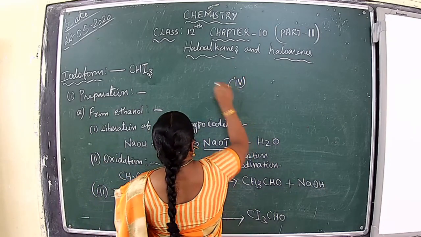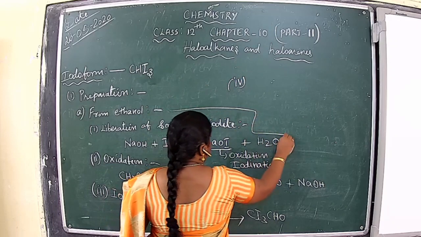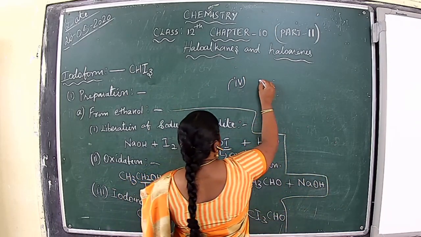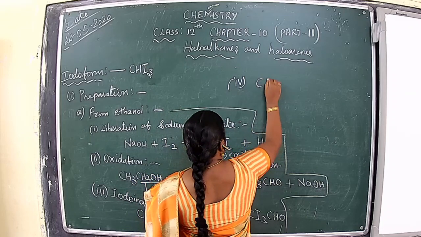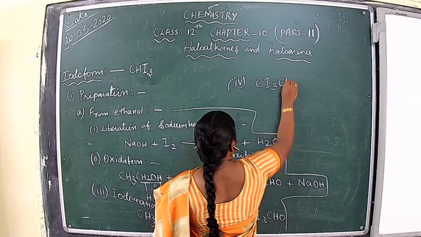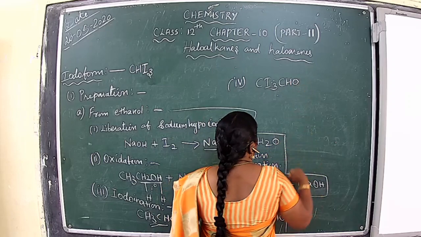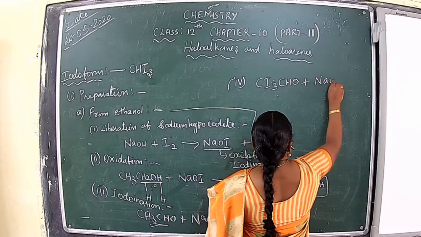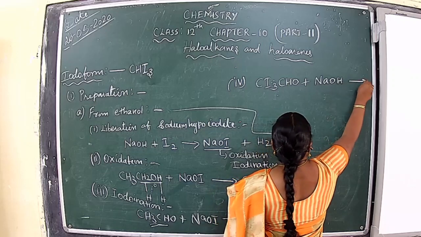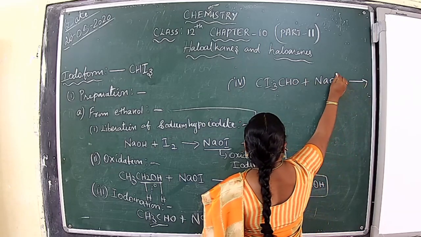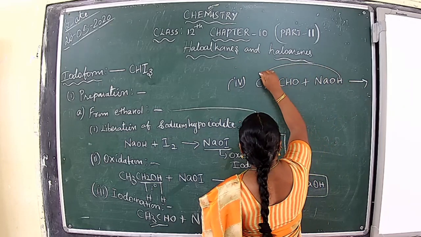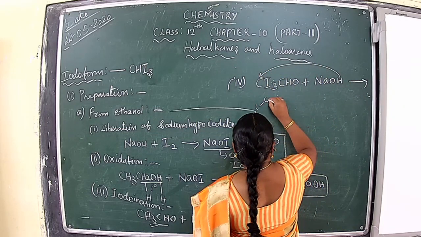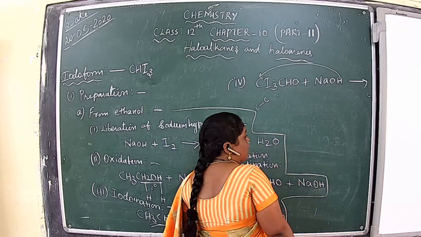Then after that, the last step is the hydrolysis step. Hydrolysis of CI3CHO, triiodoacetaldehyde, with NaOH. Then what will happen? The hydrogen joined here is helpful for the cleavage of the carbon-carbon bond.